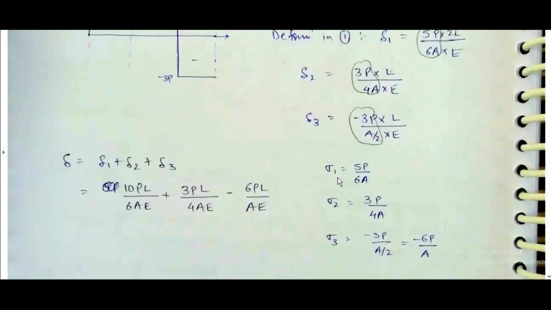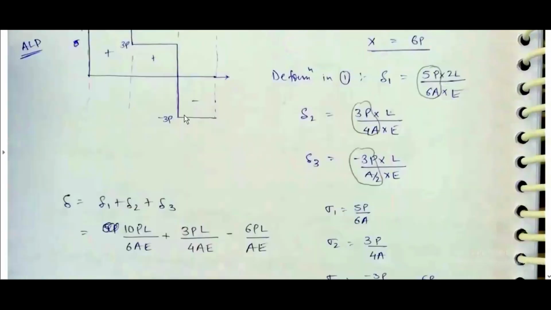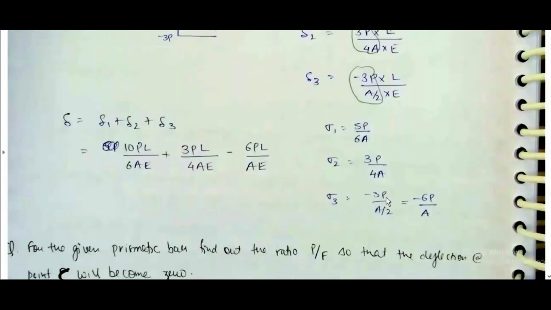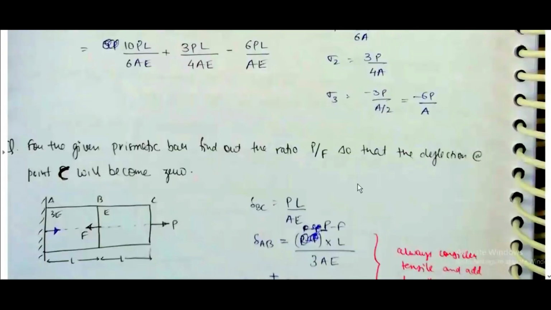If sigma has to be calculated at each section, sigma 1 is equal to 5P by 6A, sigma 2 is equal to 3P by 4A, sigma 3 is equal to minus 3P by A by 2.